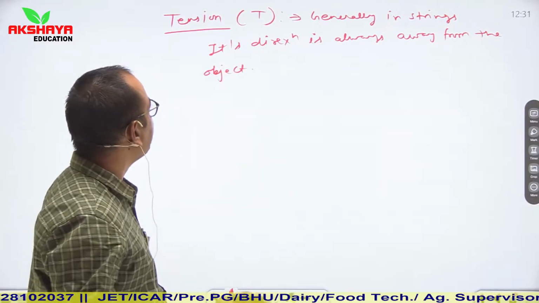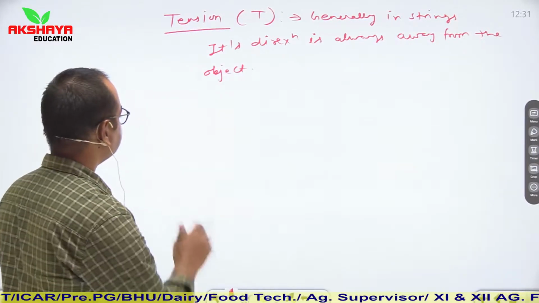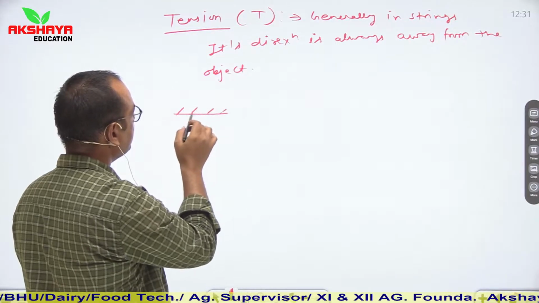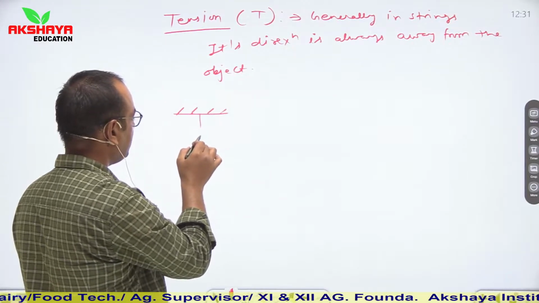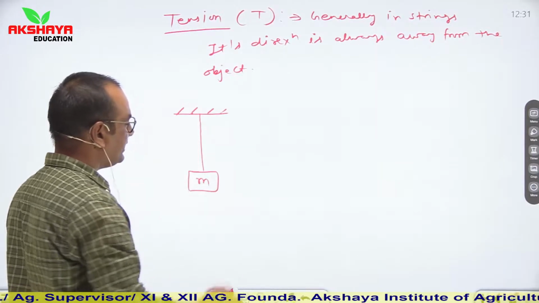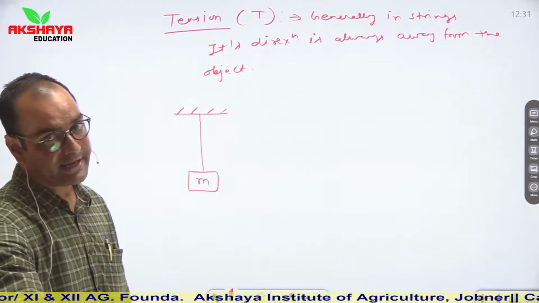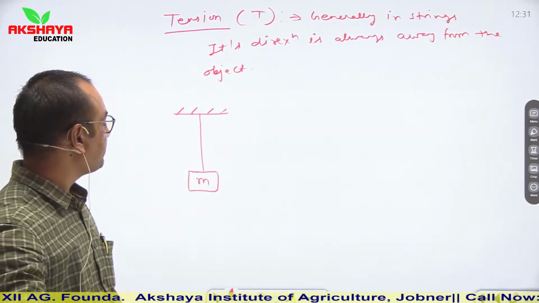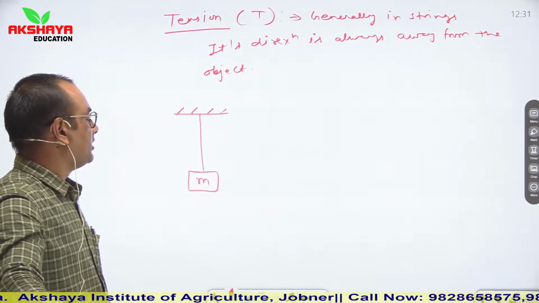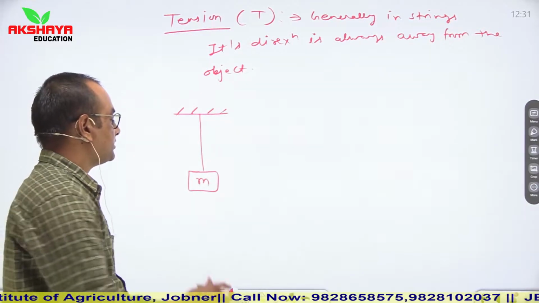So let us discuss, or let us explain tension in detail with the help of examples. Let us say this is any rigid wall, and an object of mass m is suspended by a thread or a string. So we have to find the net total forces on this object of mass m.